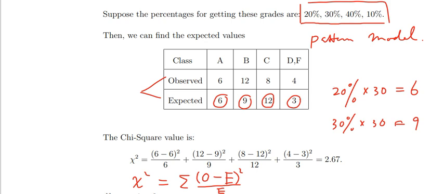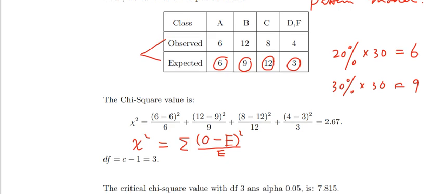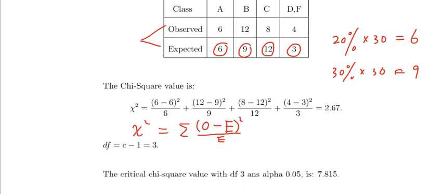Usually the chi-square calculation is tedious, but for this simple case, the calculation is okay, right? For a simple calculation like this, maybe I will ask you to do it.